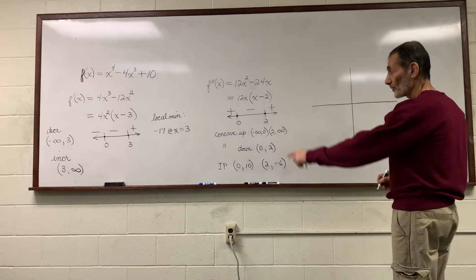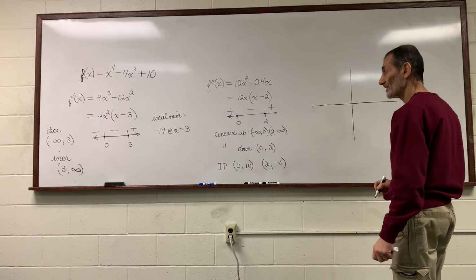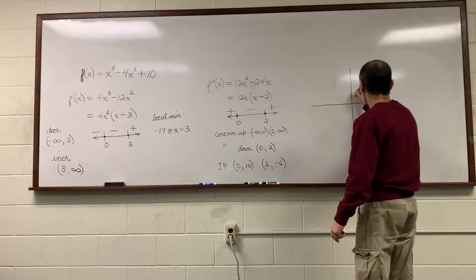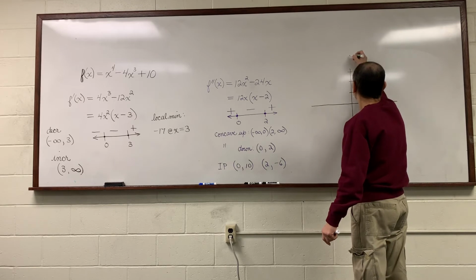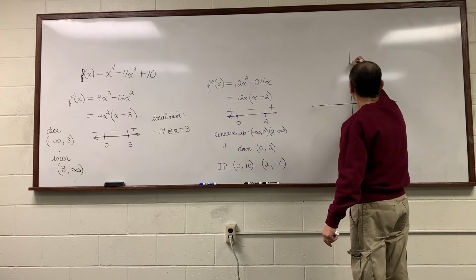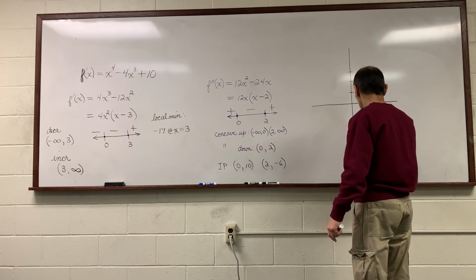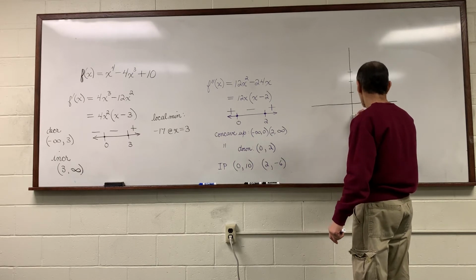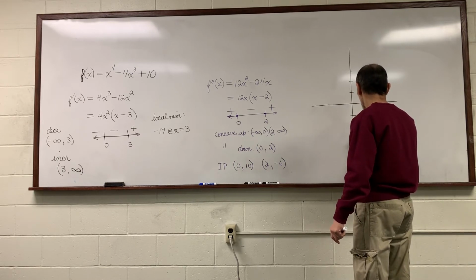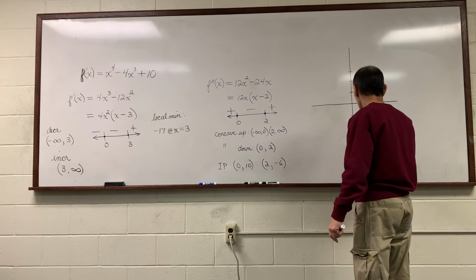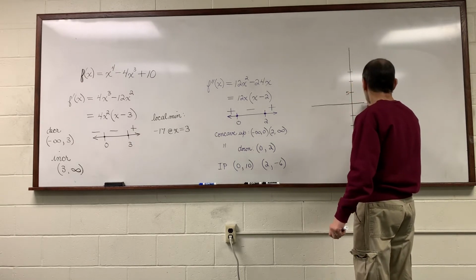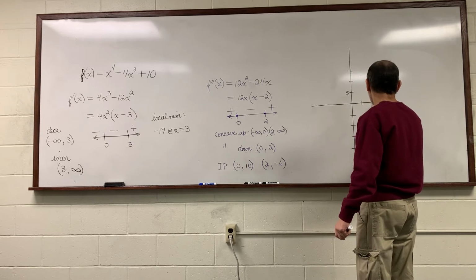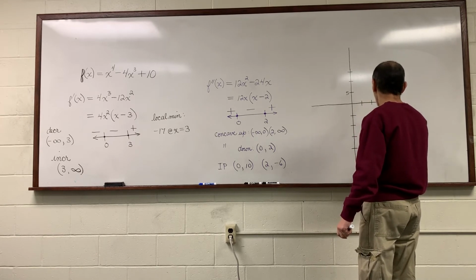All right, we have some pretty big values there, negative 17, 10. So let's scale our graph accordingly. Let's make this 5. Our x-intercepts and such, that's not a problem. We'll just keep these 1 each.